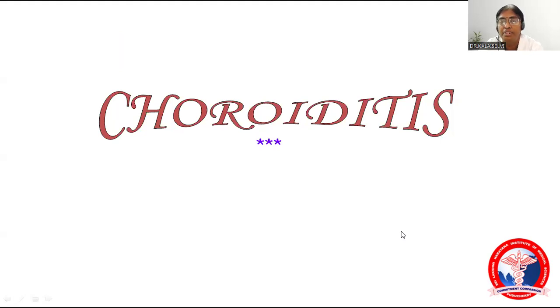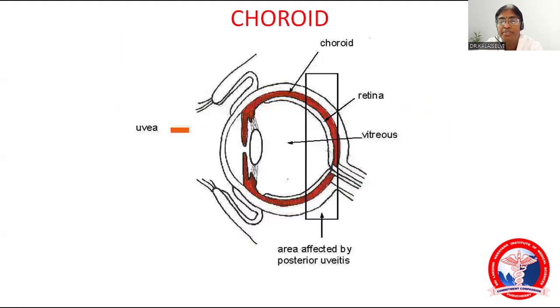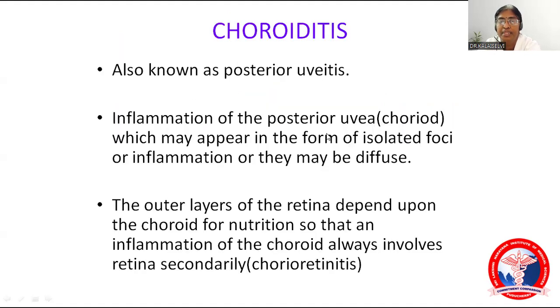Having completed intermediate uveitis, now we will come to choroiditis. In choroiditis, the posterior choroid is the area being involved, and as we see, the retina is closely associated with the choroid. Usually, choroiditis involves the adjacent retina also.